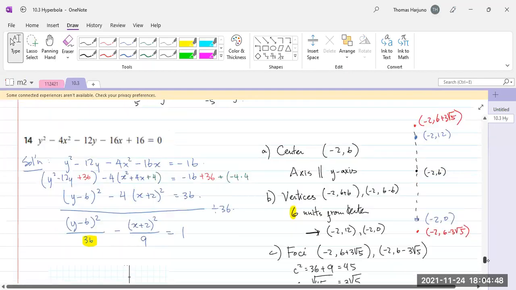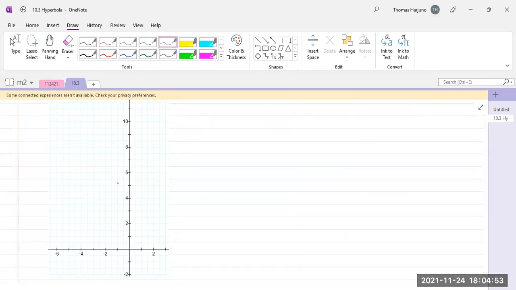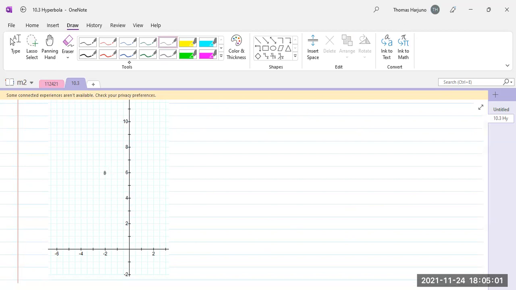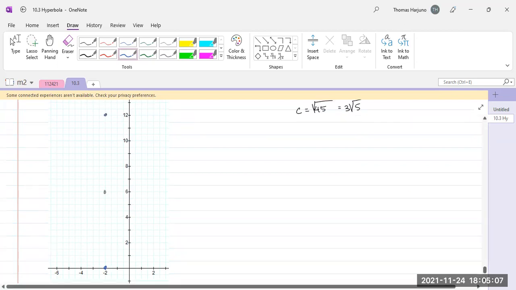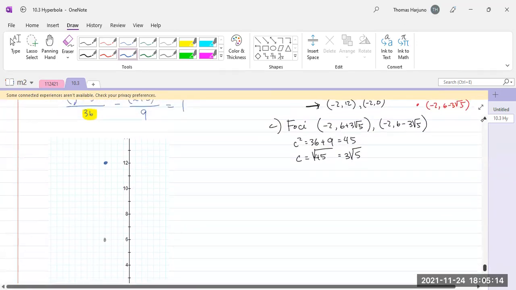I try to put things together. So the center is negative 2, 6. That's the center. And the vertices are negative 2, 0 and negative 2, 12. Right? Okay, how about the rectangle?